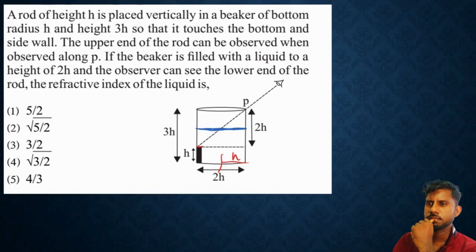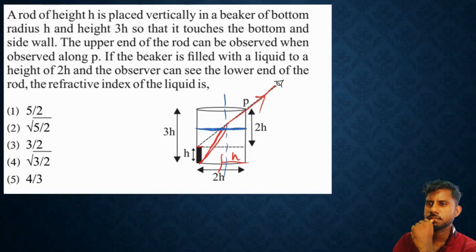If this person can see the bottom, the ray goes along this line, then along this line, and then it should go to the eye. So we need to find the connection between the angles, and then we can find the refractive index.